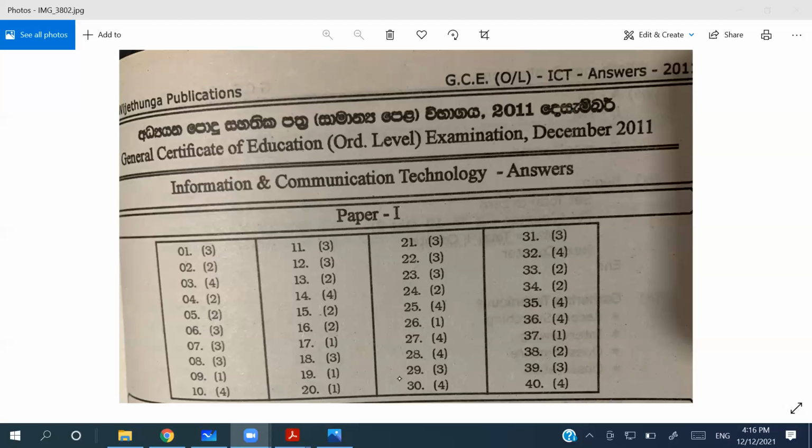Yeah, Olang and Minul. Minul, yeah, 36, 22, and 11.